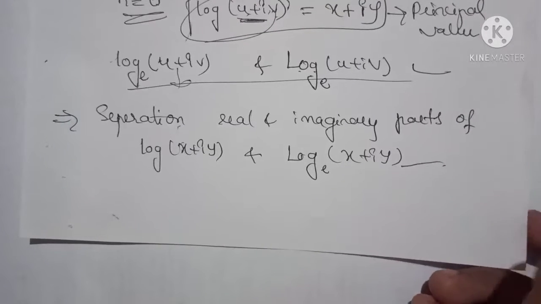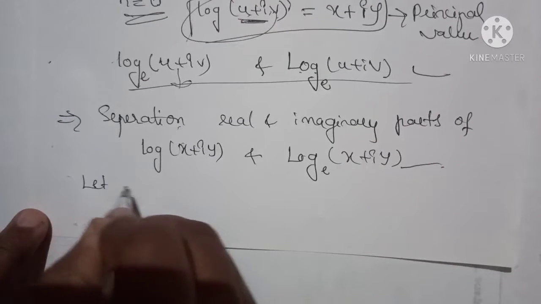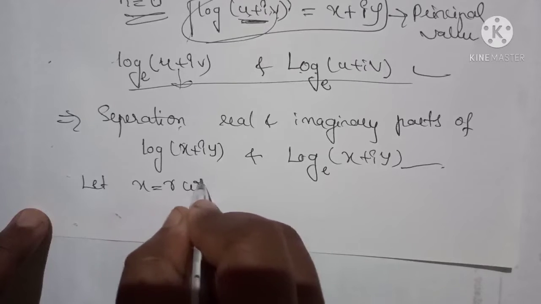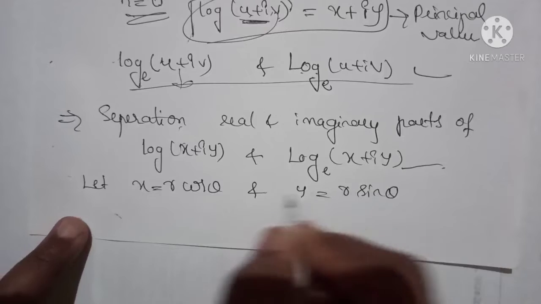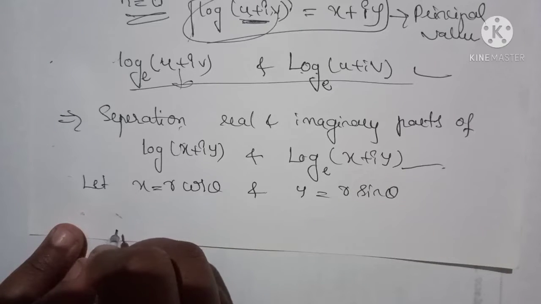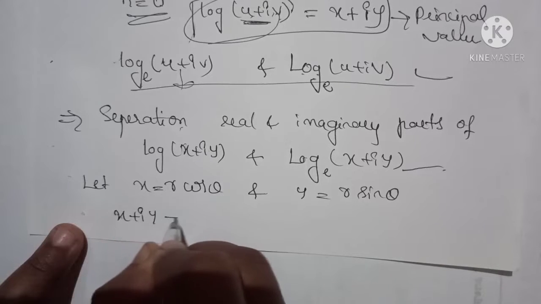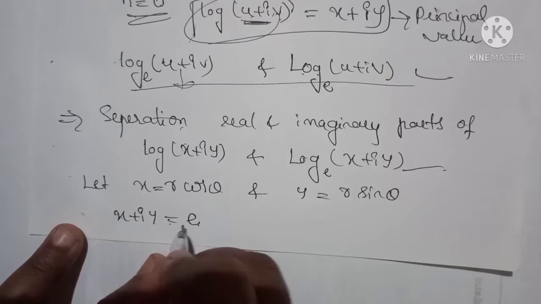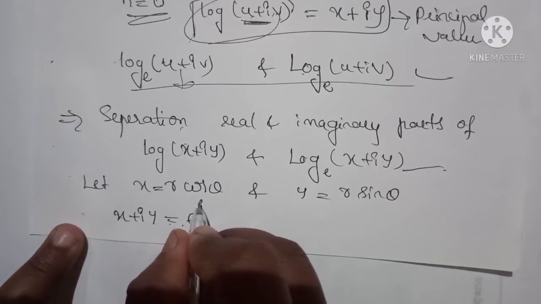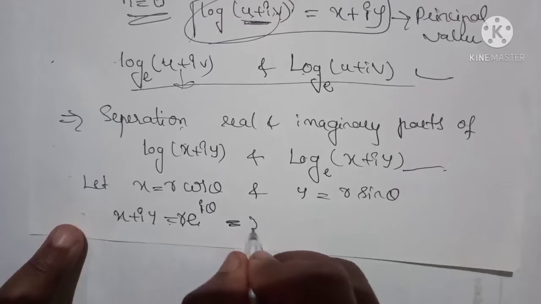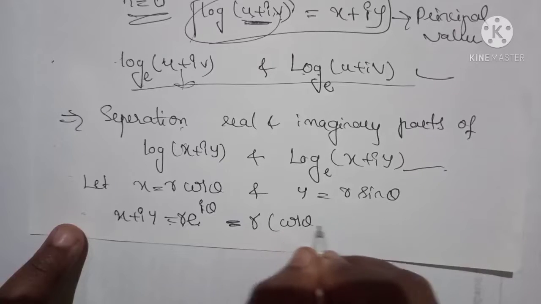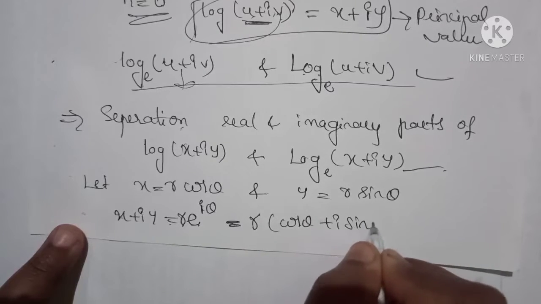Okay, so now let x equal r cos theta and y equal r sin theta. Then we know that the polar representation of the complex number x plus iy, we may denote it by r e raised to i theta, which is equal to r into cos theta plus i sin theta.